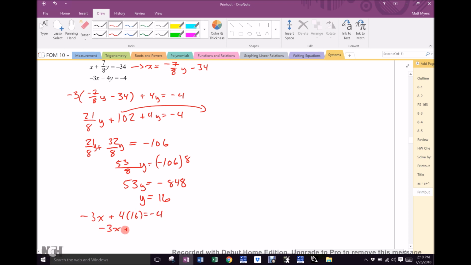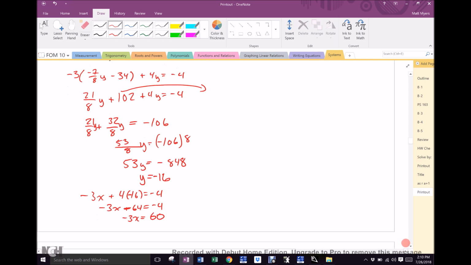Negative 3x plus 64 equals negative 4. Negative 3x equals negative, oh, sorry, this is negative 16. Negative 16, negative 64 equals 60, and x equals negative 20. So I have negative 20, negative 16.